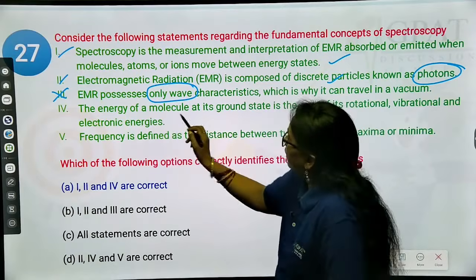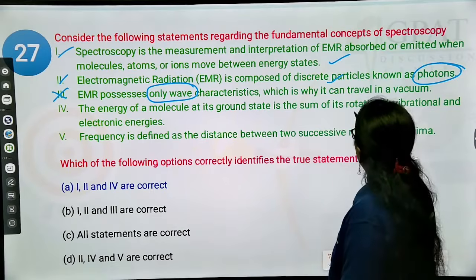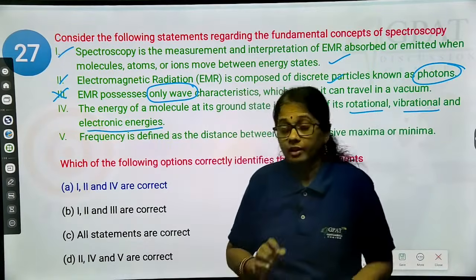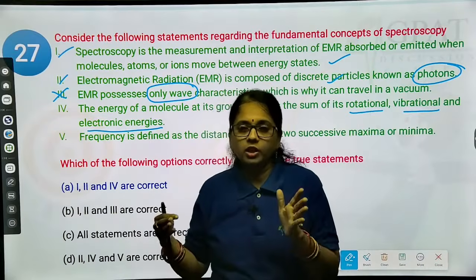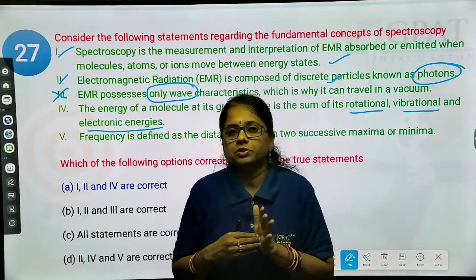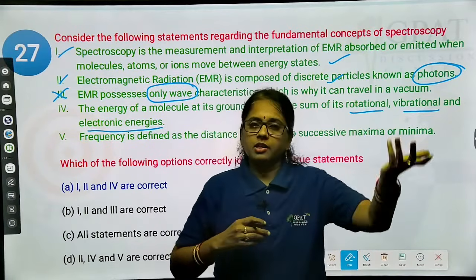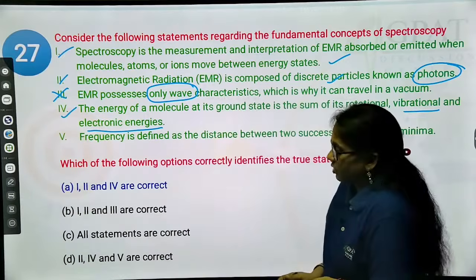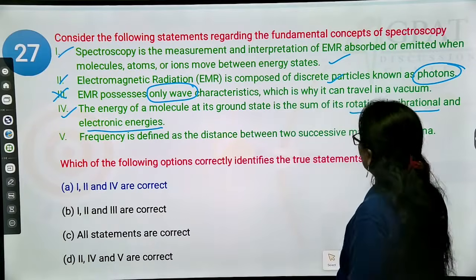Next, the energy of the molecule at its ground state is the sum of its rotational, vibrational and electronic energies. Definitely in the ground state all energies are present. Okay. So when we give the selective wavelength of the radiation, each wavelength is going to have an impact on the selective transitions. So definitely this fourth statement is also right. Next, frequency is defined as the distance between two successive maxima or minima.